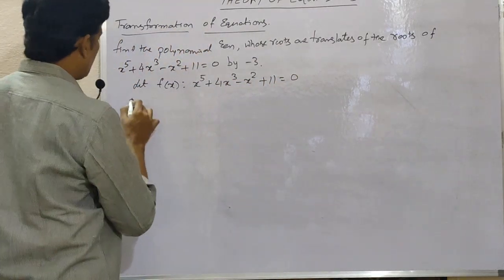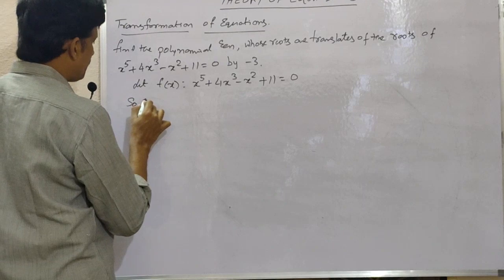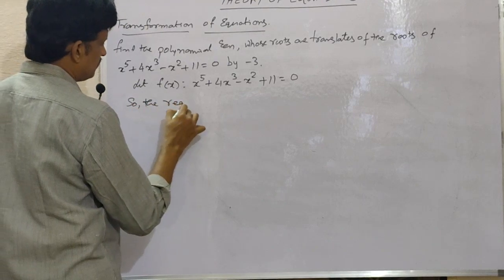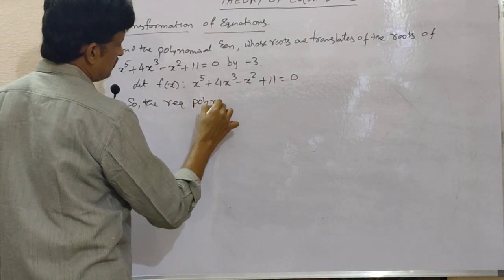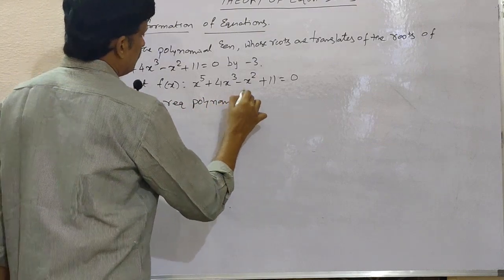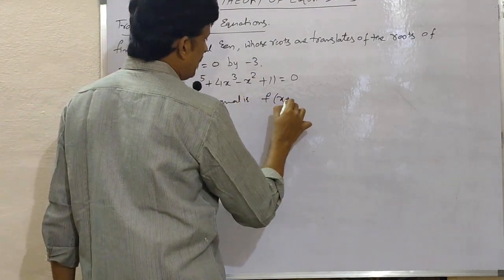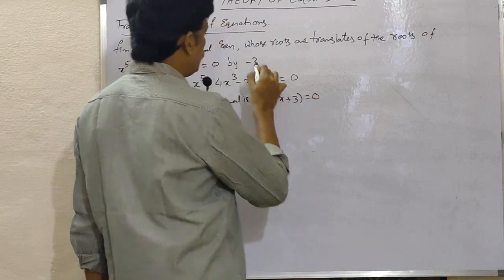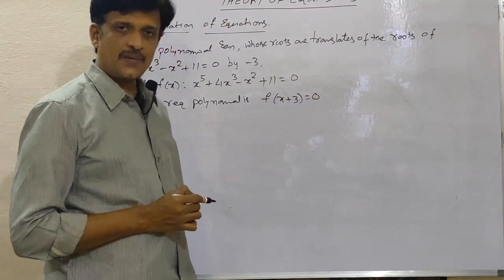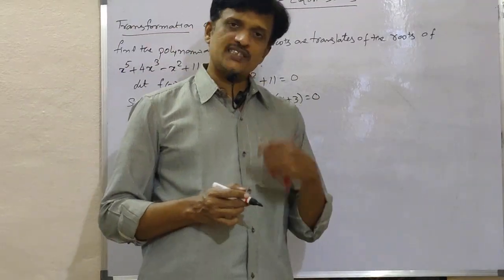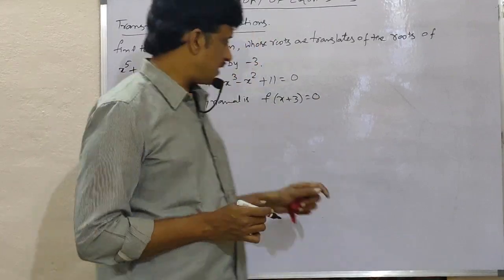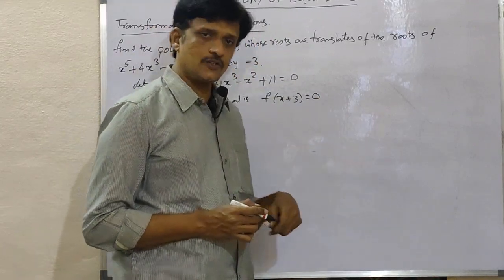So the required polynomial is f of x plus 3 equal to 0. Each root is decreased by 3, translated by minus 3. Means from each root you are subtracting 3, then you are getting the new root. So the required equation is f of x plus 3 equal to 0.